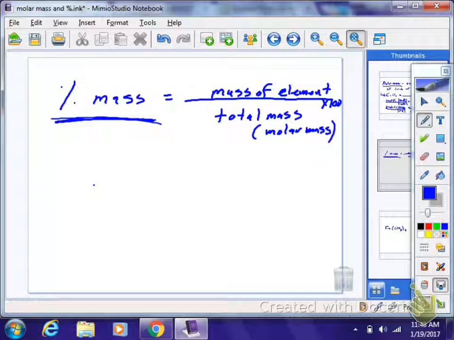It just basically says, if I have 100 grams of a substance, and I have 25 grams of, let's say, carbon in that 100 grams, what's the percent by mass of carbon? You guys should be able to tell me right off the bat. What would it be? 25 grams of carbon and 100 grams of a sample. What's the percent of the carbon?